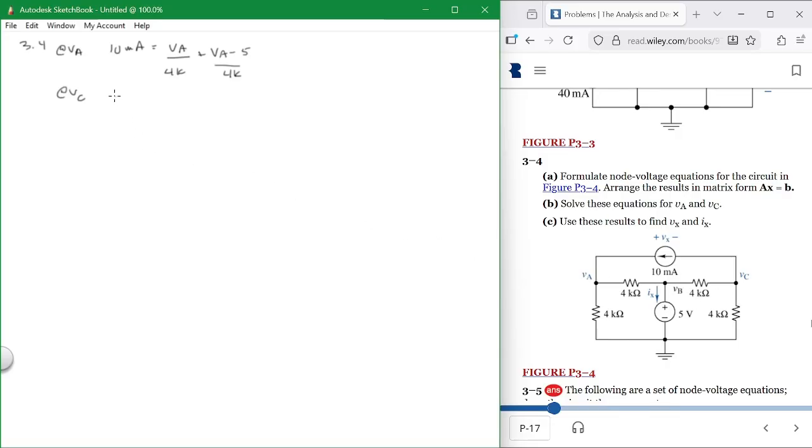So what's going in is 5 minus VC over 4K, and that's equal to what's going out: 10 milliamps plus what's going out this way, VC over 4K, right? And we're done. I said it was 3, it's really 2 equations, 2 unknowns, because VB is 5. We don't really need to write VB, okay? So what do we do? Same thing we did before. It's called sorting and sifting.